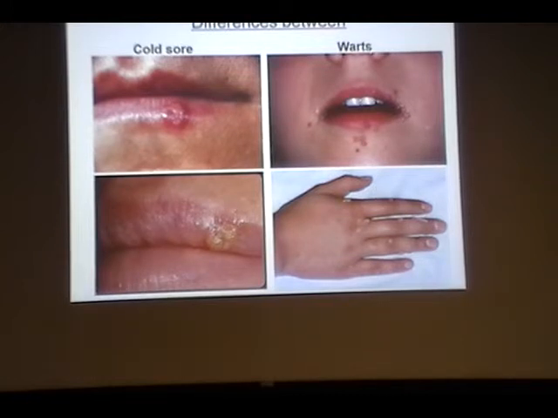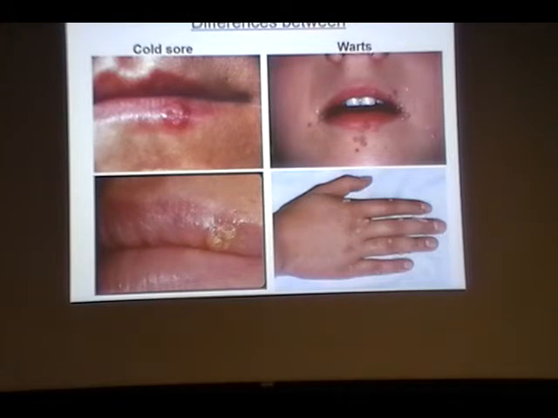Secondly, usually with these warts you don't feel anything. Even though they don't look good, they don't really bother you. It's not painful. They're just ugly, but that's because there's no inflammation. And I will talk about that tomorrow.